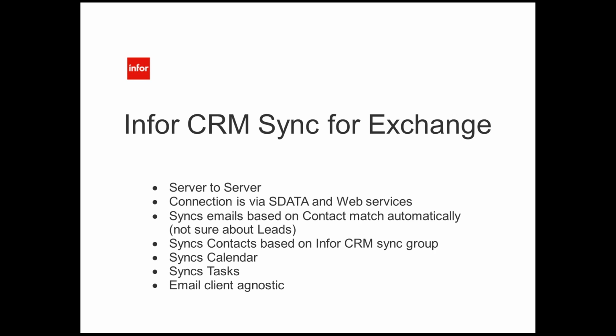It looks for records in that group, and then it also looks for if you created the contact in Outlook or OWA or whatever Outlook client or Exchange client you're using, as long as the category is set to the same name as the sync group, then a net new contact you created in Exchange is going to sync to Infor CRM through this mechanism. So it's not all or nothing. I guess that's the point of it all.